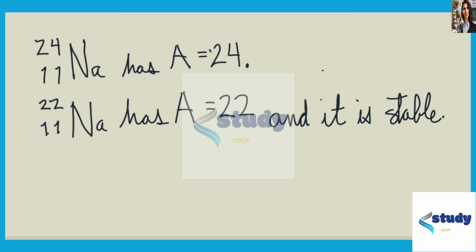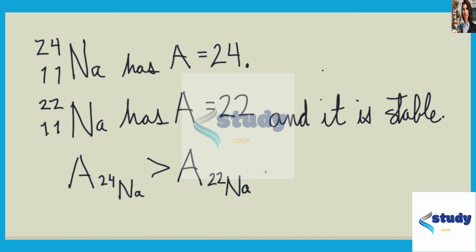So the atomic mass number of sodium 24 is greater than the atomic mass number of the stable isotope of sodium, which is sodium 22.